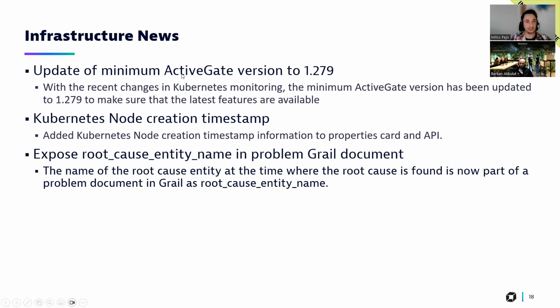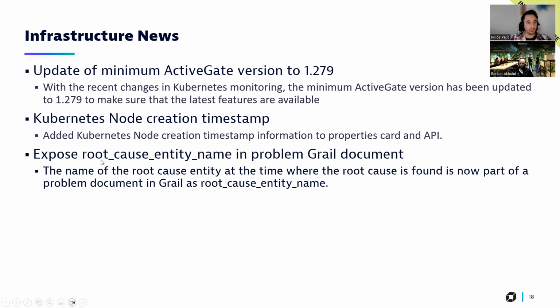So this was increased and is now a requirement. Additional news is that Kubernetes nodes, which are visible in the Dynatrace UI, now receive one more metadata line, the timestamp of creation. It can be seen in the UI and extracted via API.